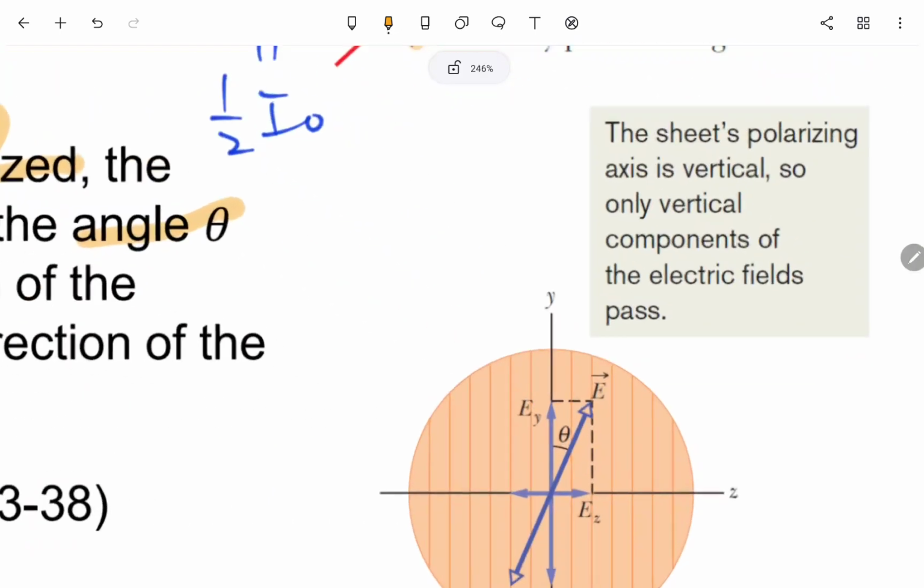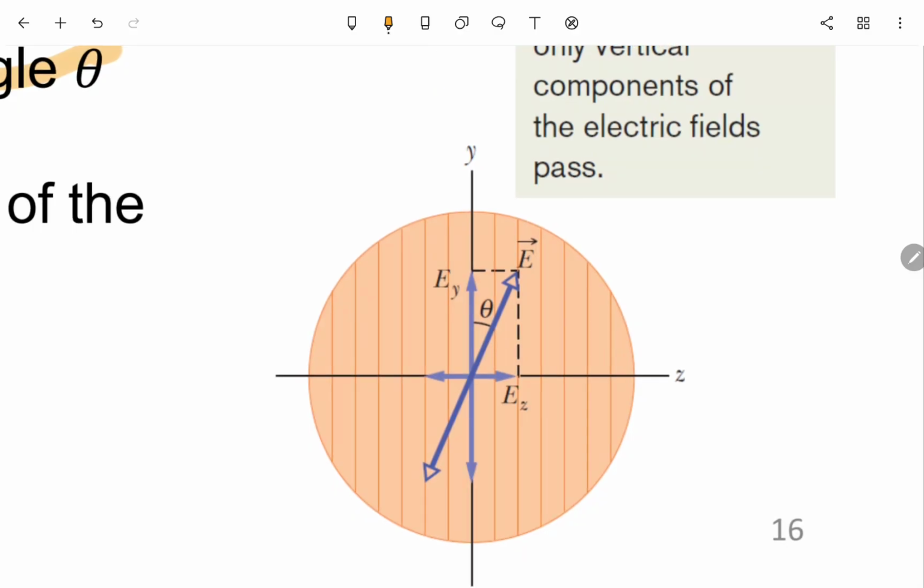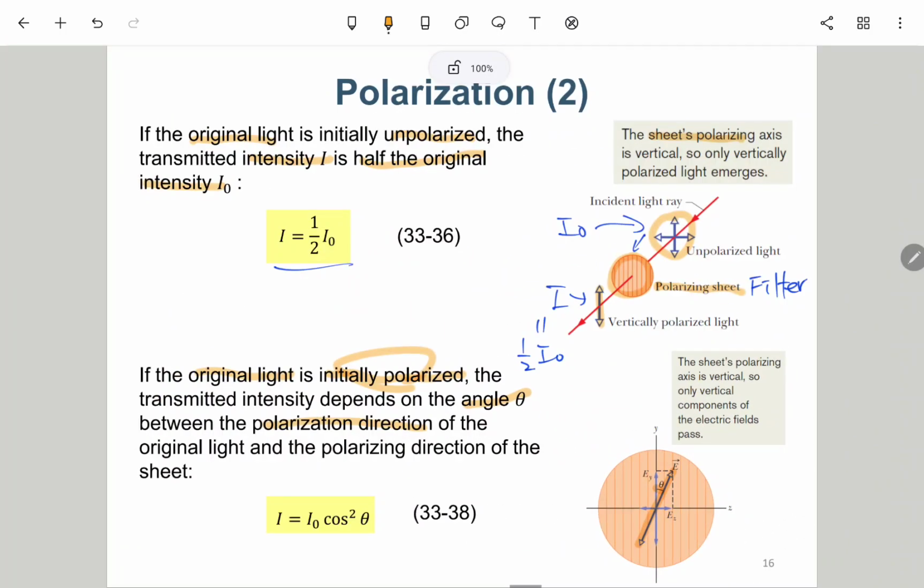If we still have this polarizing filter only letting the vertical component go through, but the original light has an angle of theta between the polarizing filter and the original polarizing direction, then originally it is still I0, but this I0 and that I0 are not the same.